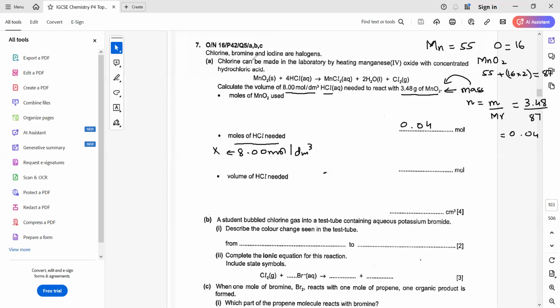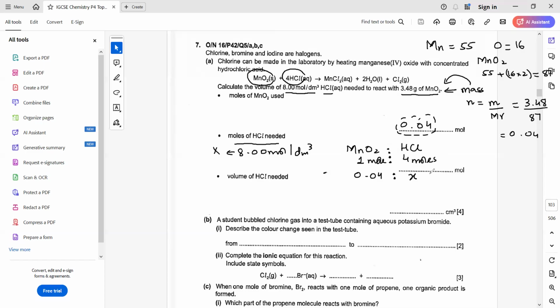So for that, I can look at my equation. It says MnO2 is reacting with 4 moles of HCl. That means MnO2 and HCl have a ratio of, for every 1 mole of MnO2, I'm having 4 moles of HCl, right? According to the equation. So I just calculated the number of moles of MnO2. That's 0.04.